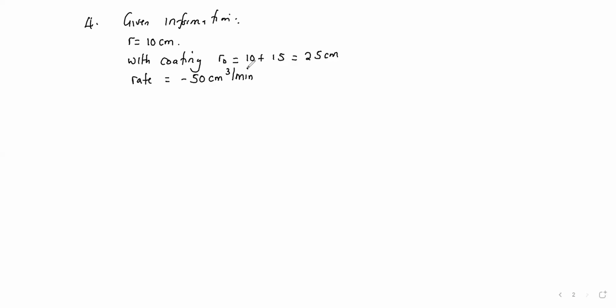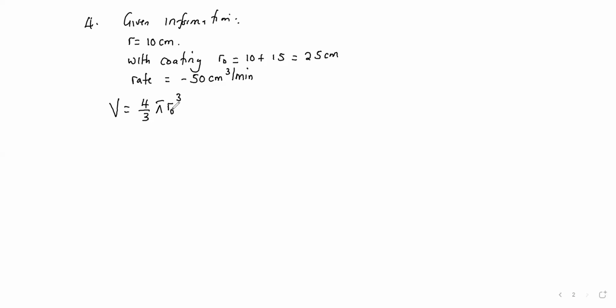Okay? And so now what do we need? The volume. The volume formula of the sphere. That's 4/3 pi R cubed. So the R that we're going to use here is the R naught, the one after we've coated.